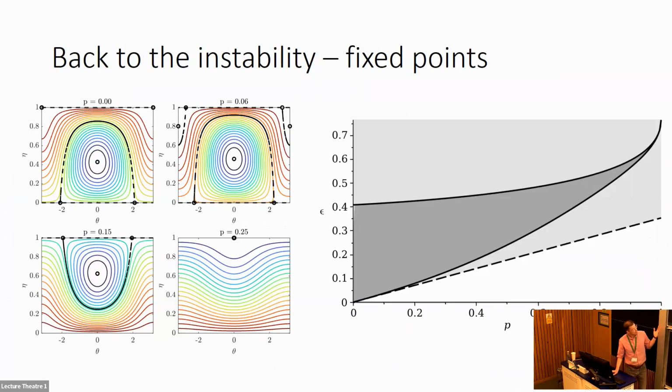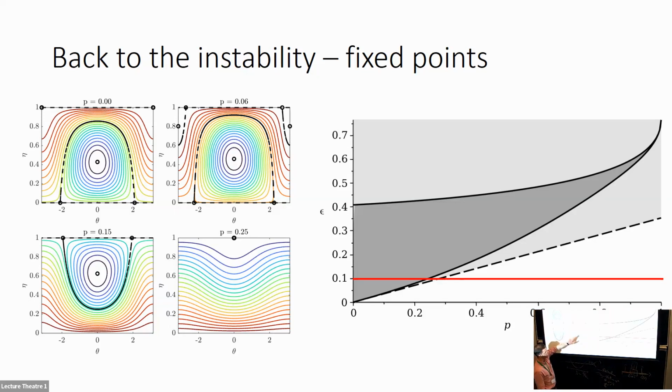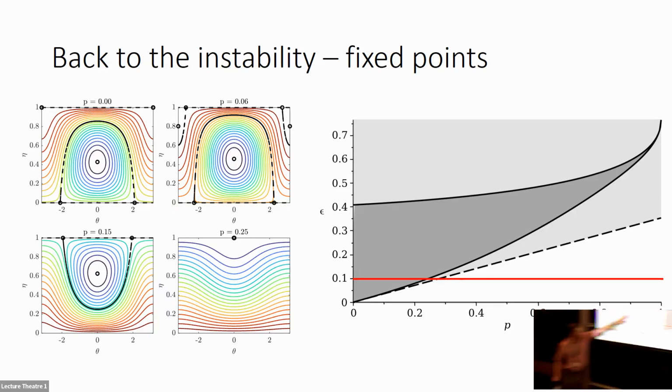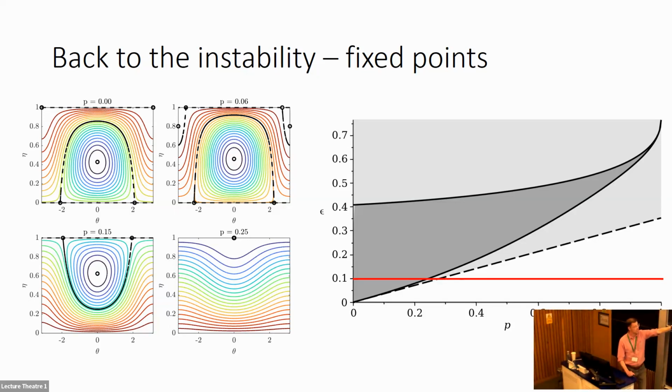So back to the instability. What does instability, Benjamin Feir instability, mean in this setting? Well, I need to pick two things. I need to pick epsilon, the steepness of the carrier, and the mode separation. So say I pick a steepness of epsilon 0.1 right here, and I look at the mode separation P. As I go to P about 0.25 right here, the nullcline at the top of the phase plane stabilizes, so we get orbital stability of this nullcline.